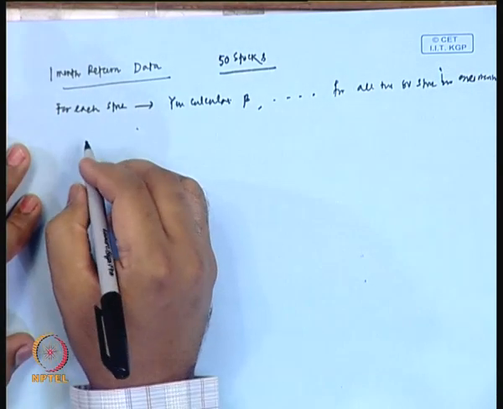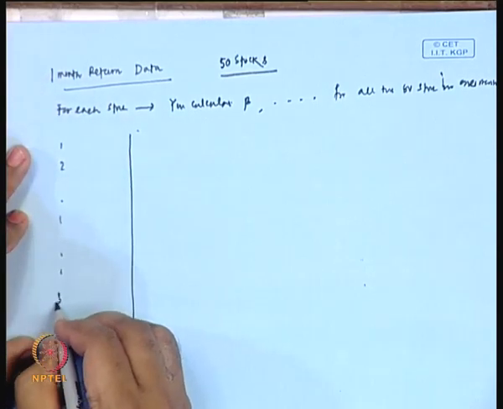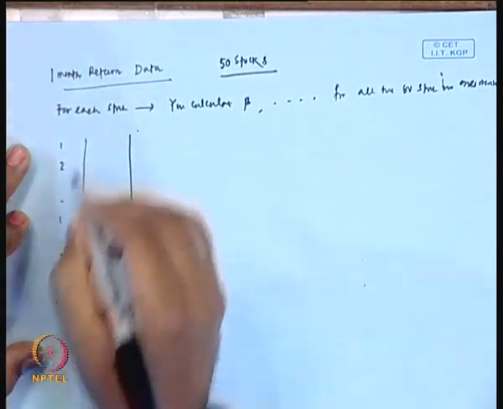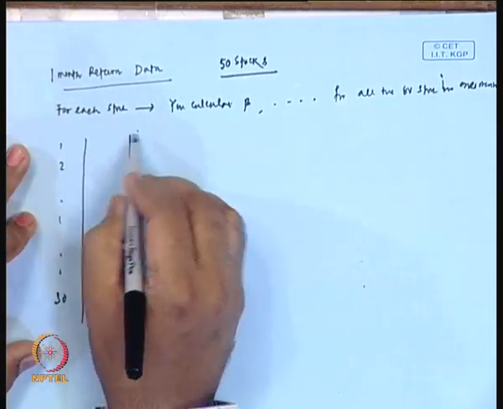What does it mean? Let's say you have 30 returns, then we regress it with different variables.